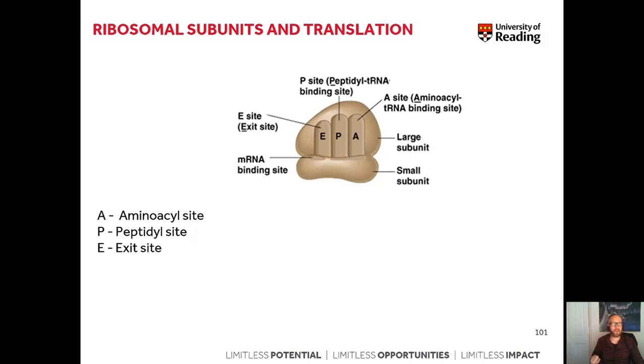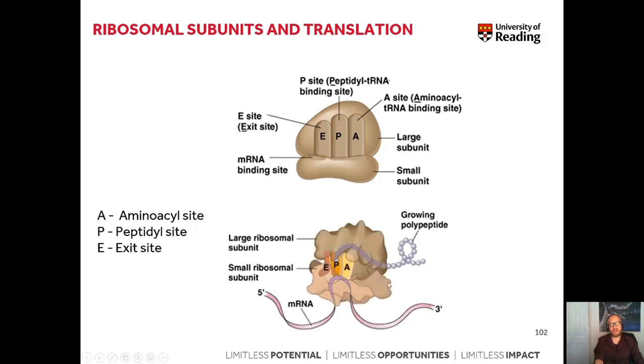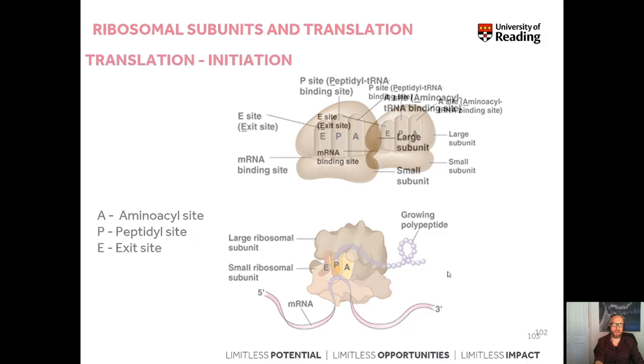And again, this subunit is in charge of assembling amino acids into a growing polypeptide chain, whereas the small subunit reads the mRNA codons. This is how it looks: we have the mRNA, which is bound to the small ribosomal subunit, and after assembly of the complex, the large ribosomal subunit is in charge of producing the growing polypeptide chain.